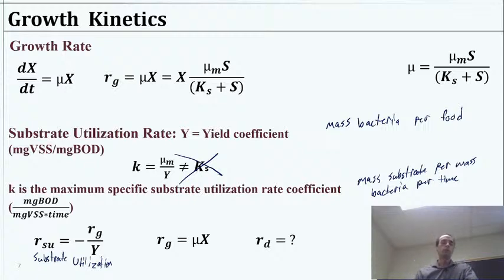We could do that in reverse too, solving for RG in terms of RSU. Typically we'll be more interested in how fast we are using our substrate. So if RG is mu X, then RSU is going to be negative mu X over Y.